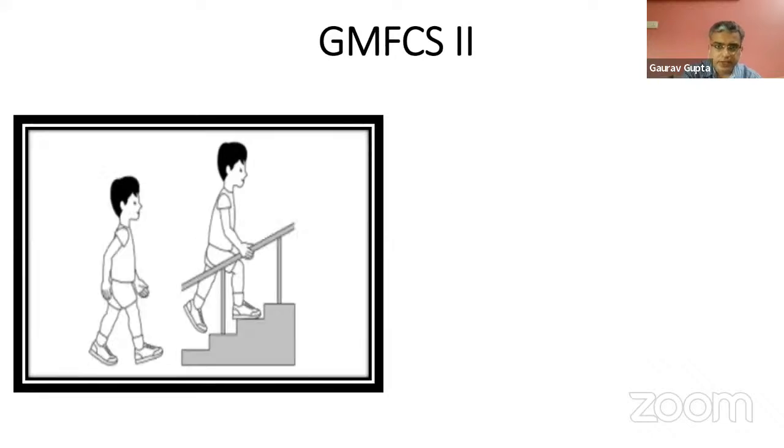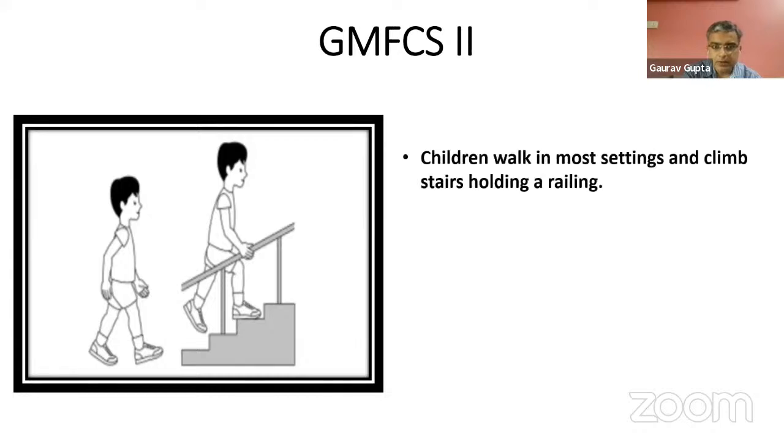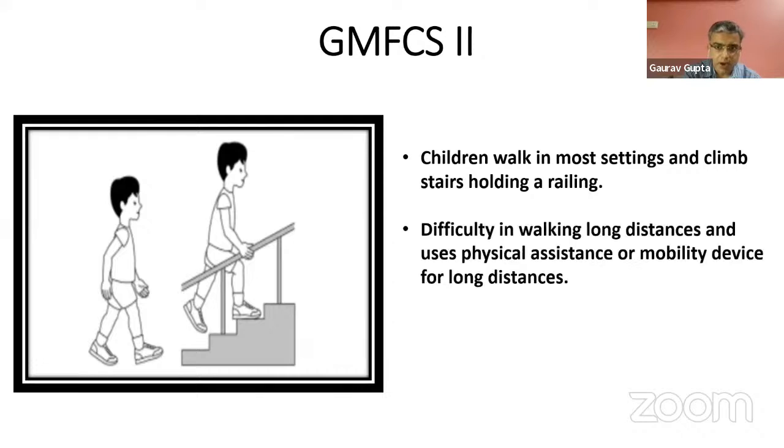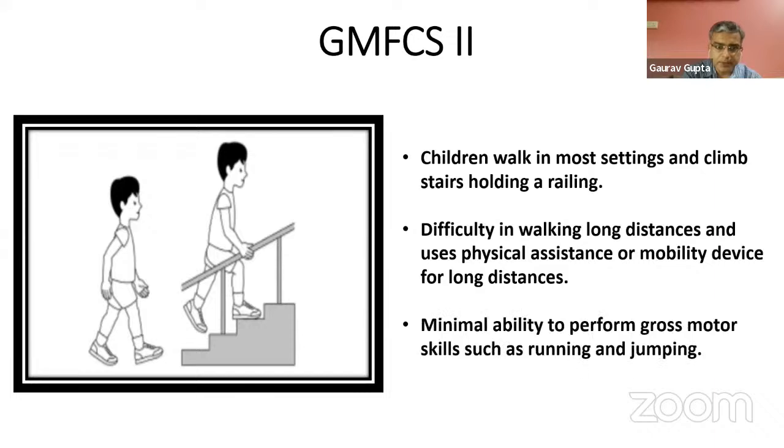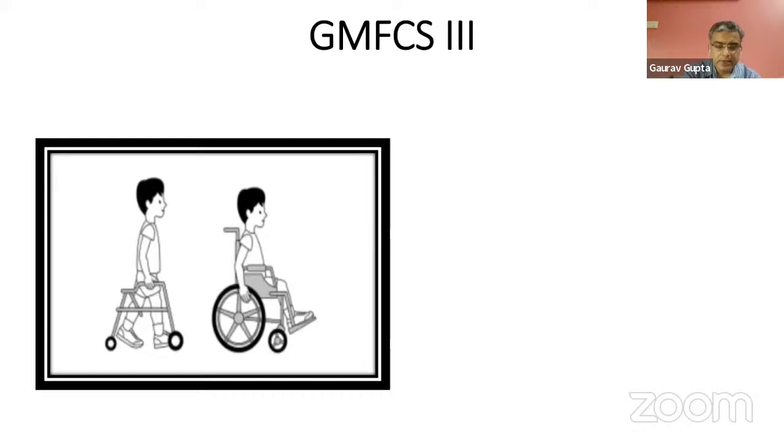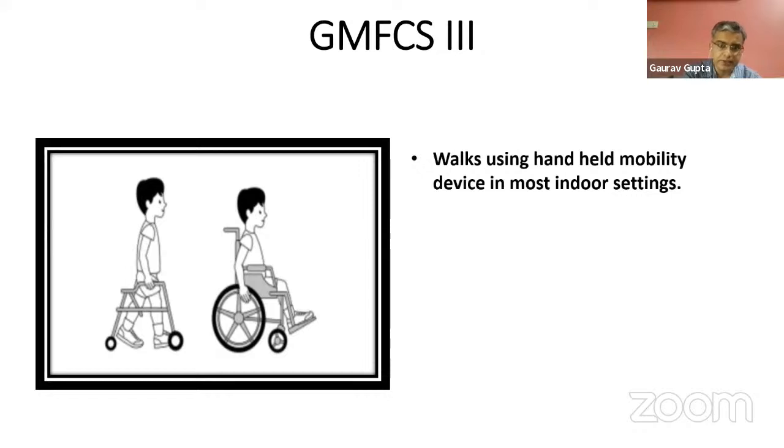Then GMFCS 2, here the child will use a railing while getting up or down the stairs, and is not able to do running and jumping properly. Then grade 3, here the child is using one of the mobility devices.